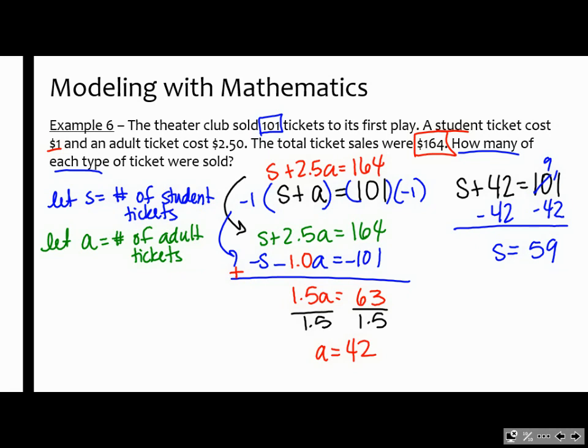When I write my ordered pair, I think I'll write, let's see, what did it give me first? Student tickets. I'll do student tickets first. Student and adult. So student is 59, adult is 42.